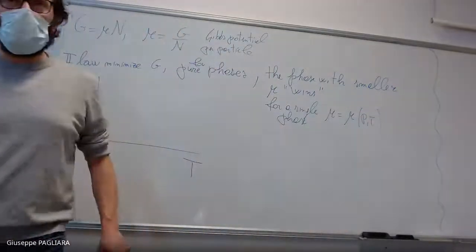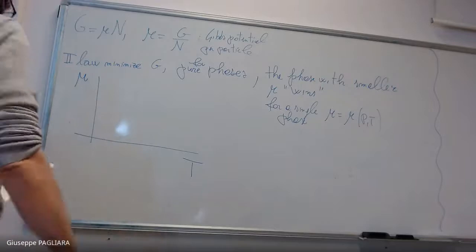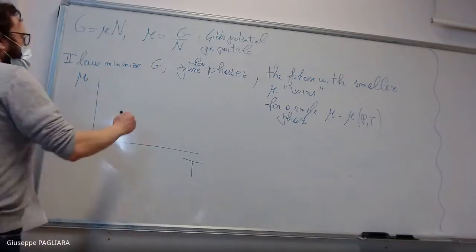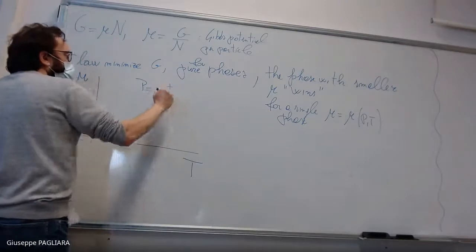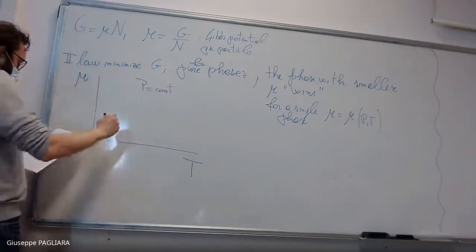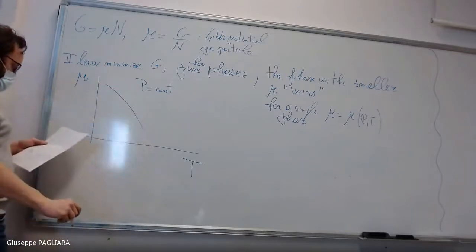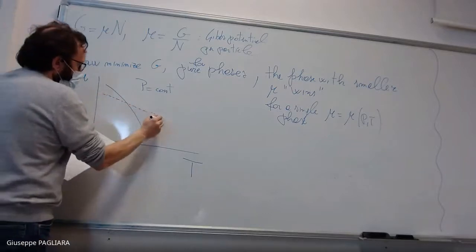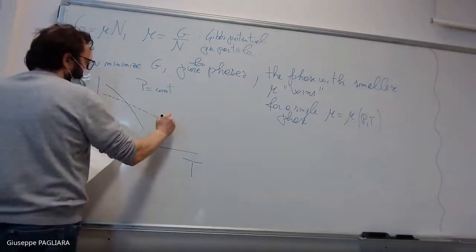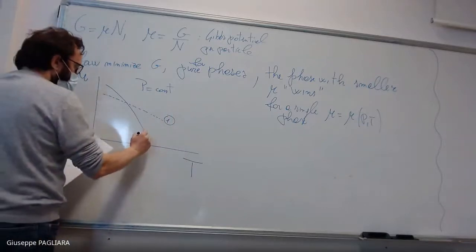We also derived an equation for that, in which we have a relation between pressure, temperature, and chemical potential. And the situation will look like the following. So P constant, so fixed value of the pressure. You will have something like that. Let me make the plot in a reasonable way. So suppose that the dashed line corresponds to phase 1 and the continuous line to phase 2.